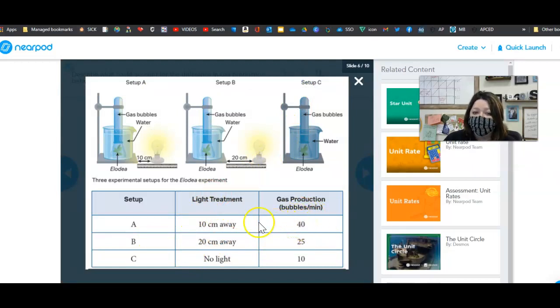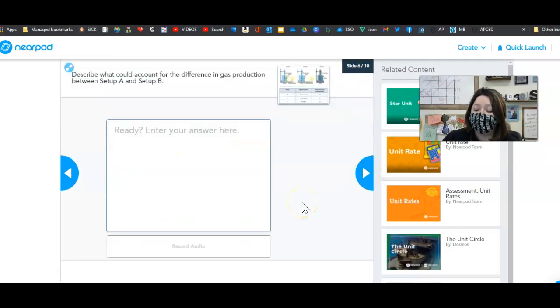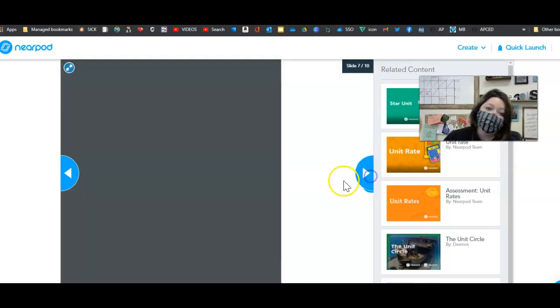Why is that? You look at what's different between the two of them and talk about what you think that does to the process that's happening. So again, you should describe what you think is causing the difference between the two plants or two setups.